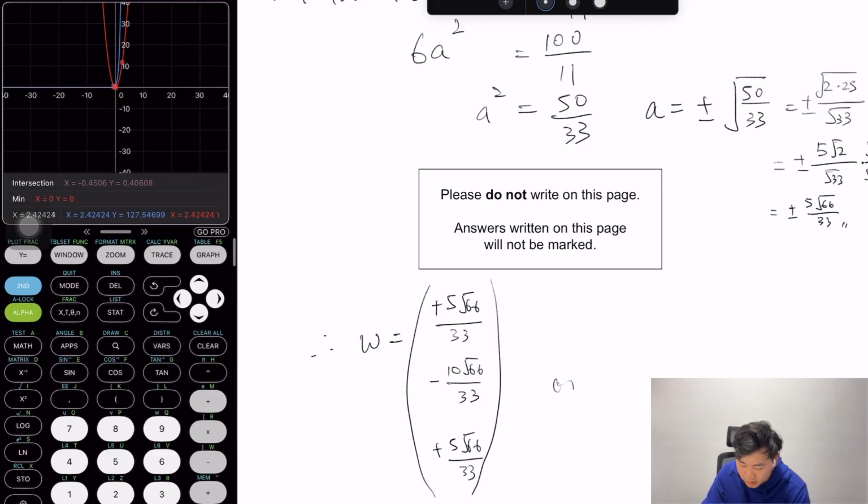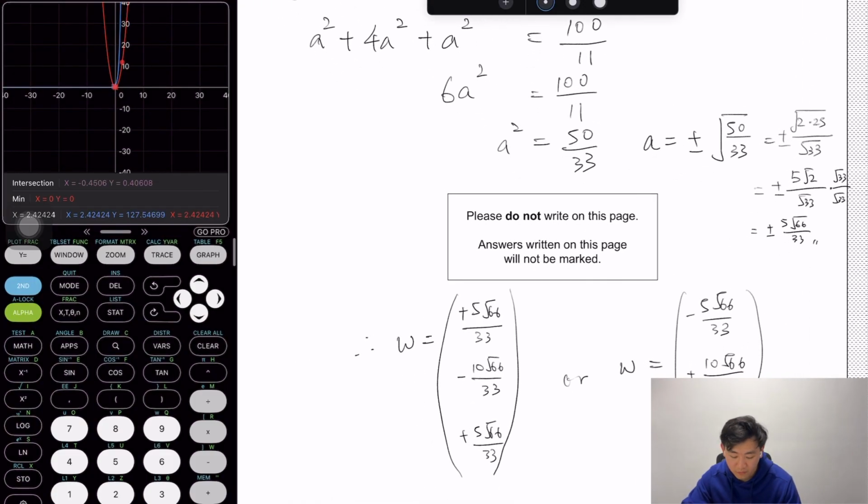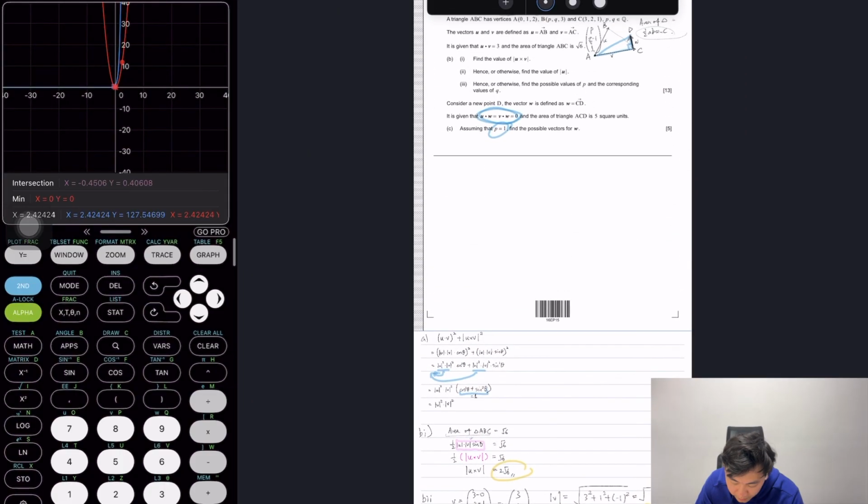Or W equals minus 5 root 66 over 33, plus 10 root 66 over 33, minus 5 root 66 over 33. That's the second answer. So these are the answers for part C, okay?